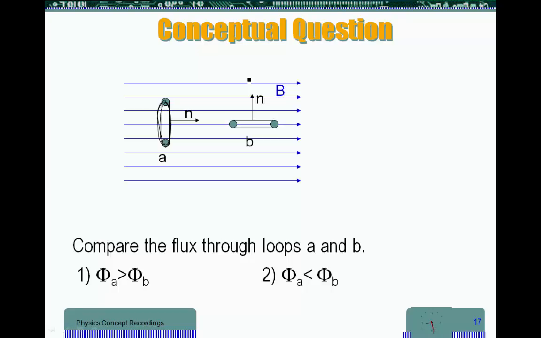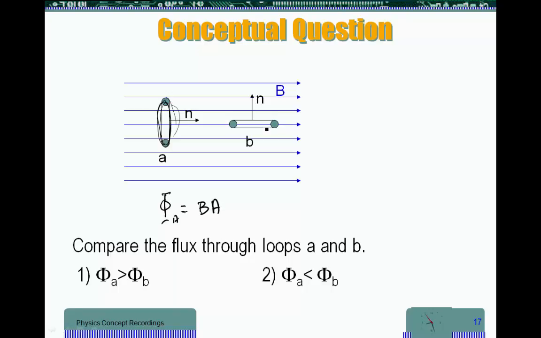Now, which one is going to experience a bigger flux? Okay, now for part A, all the magnetic field lines are parallel to N. So they look like they are flowing through that area. So phi A is just BA.